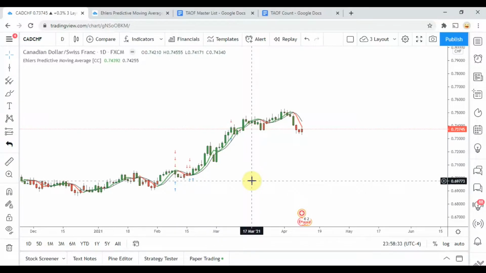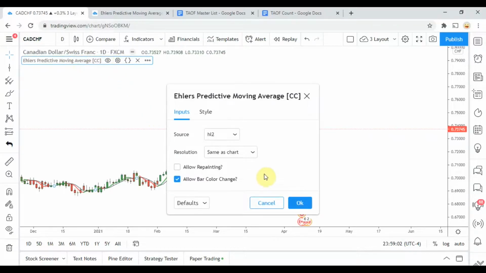Unlike the rest of the moving averages that we have tested in the past, which we have tested quite a few, we even did a head-to-head of the most popular moving averages that most people have heard of, and along the way we have found more and more moving averages that most of us haven't heard of before. Unlike those, this particular moving average, we cannot adjust the time period on it, so it's set to a default time period.